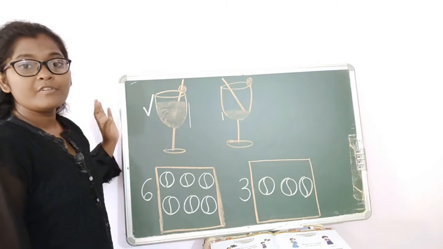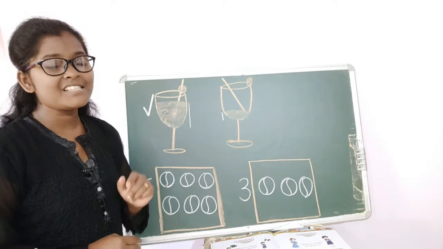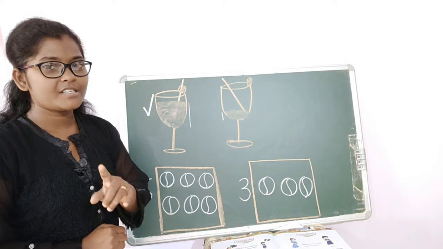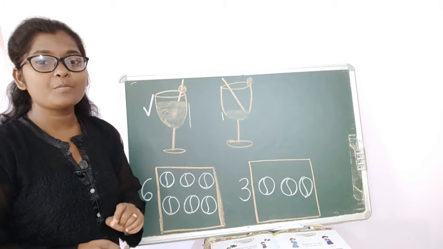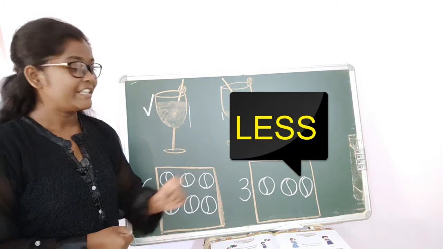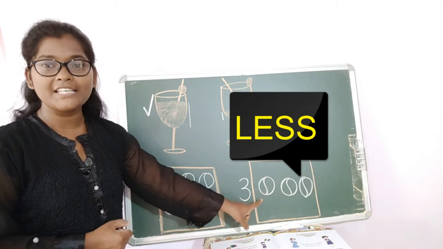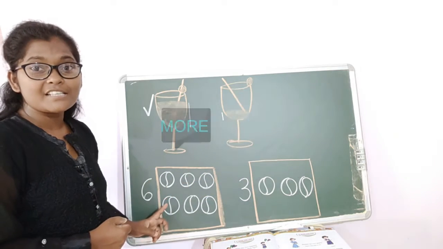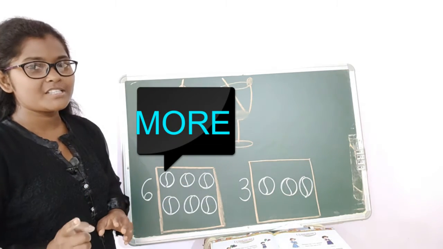Say children, which box is having less? Now say, listen to the question. Which box is having less balls? Yes, 3. Very good. So 3 is less and 6 is more. Now you understand?